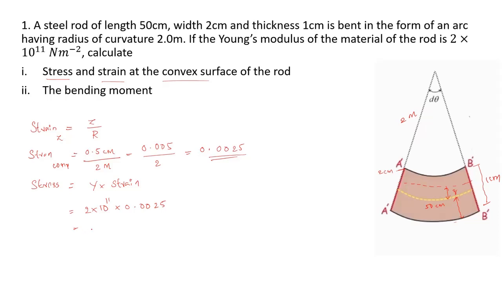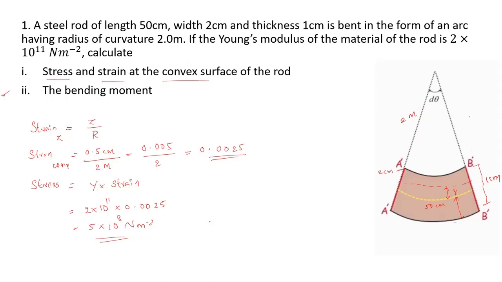Therefore, the tensile stress is 5 into 10 to the power 8 Newton per meter square. So, we have found the stress and strain at the convex surface.